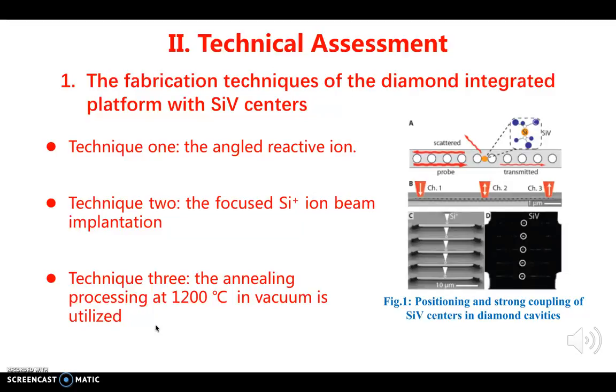Technique 3: annealing at 1200 degrees Celsius in vacuum is utilized to form the silicon vacancy centers and mitigate crystal damage. Figure 1 shows positioning and strong coupling of silicon vacancy centers with diamond cavities.